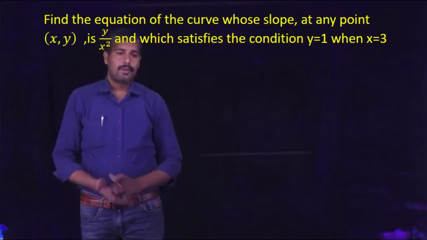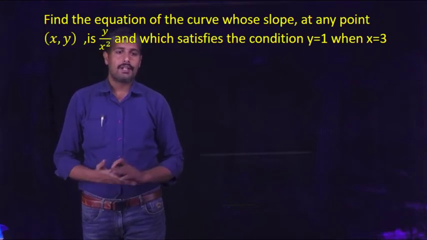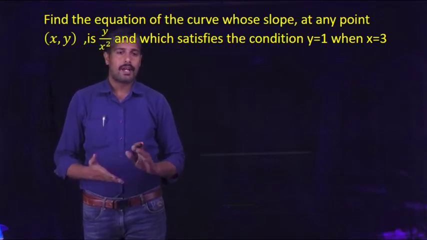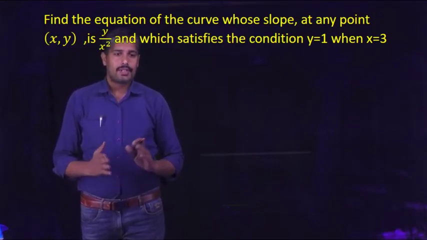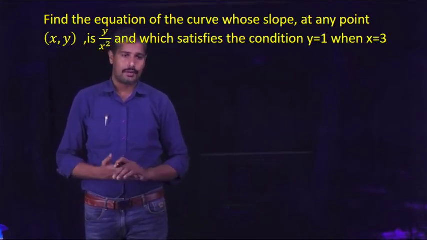Next one, find the equation of the curve whose slope at any point (x, y) is y by x square and which satisfies the condition y equal to 1 when x equal to 3.